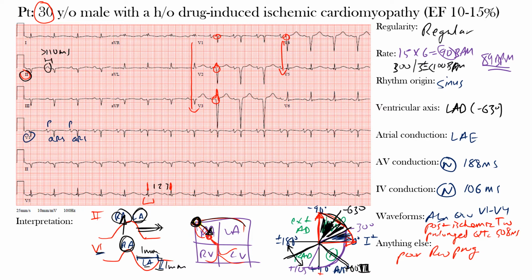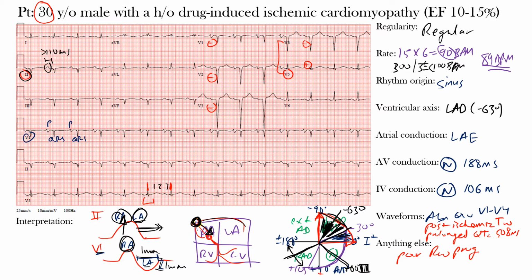Okay, so notice here, we'll just erase this so you can see. Normally we want to go from mostly negative to mostly positive between V3 and V4. So notice it's negative, negative, negative. We should see the transition here, but it's still negative and doesn't become positive until V5, meaning the transition occurs somewhere between here.